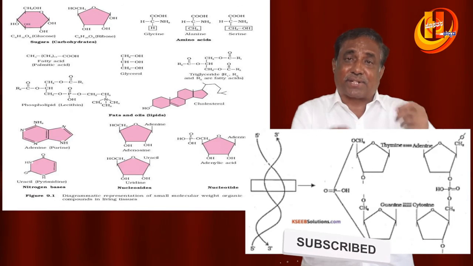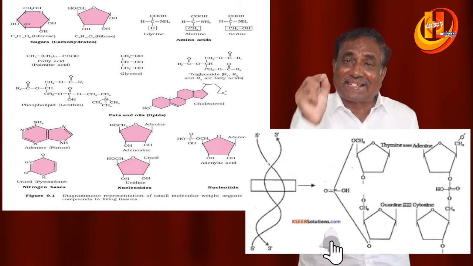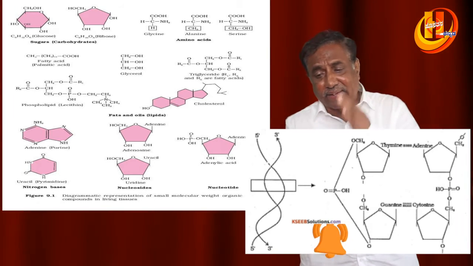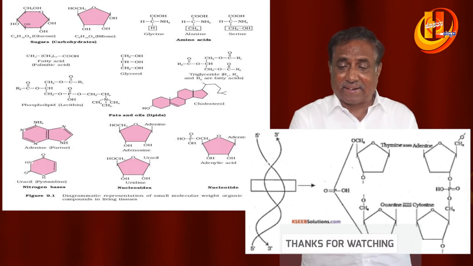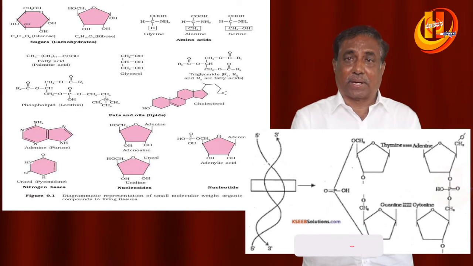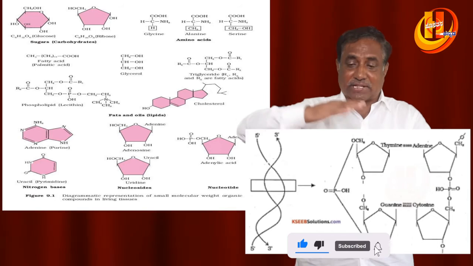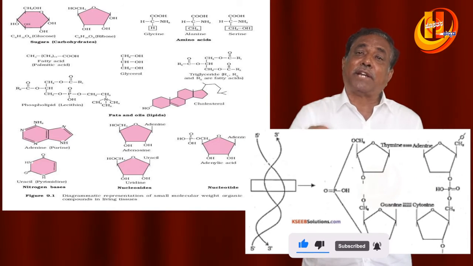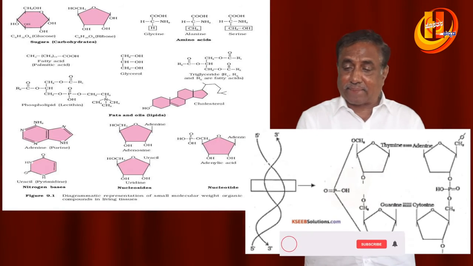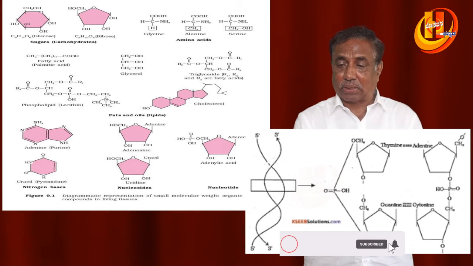DNA strands take a turn of 36 degrees. That is very important, 36 degrees. And the pitch of DNA is 34 angstroms, and the internucleotide spacing is about 3.4 angstroms. That is also very important.